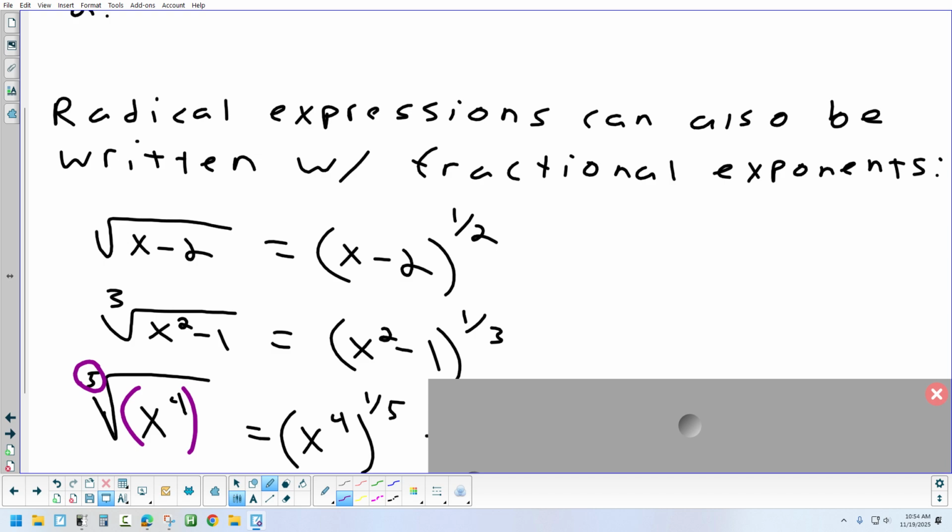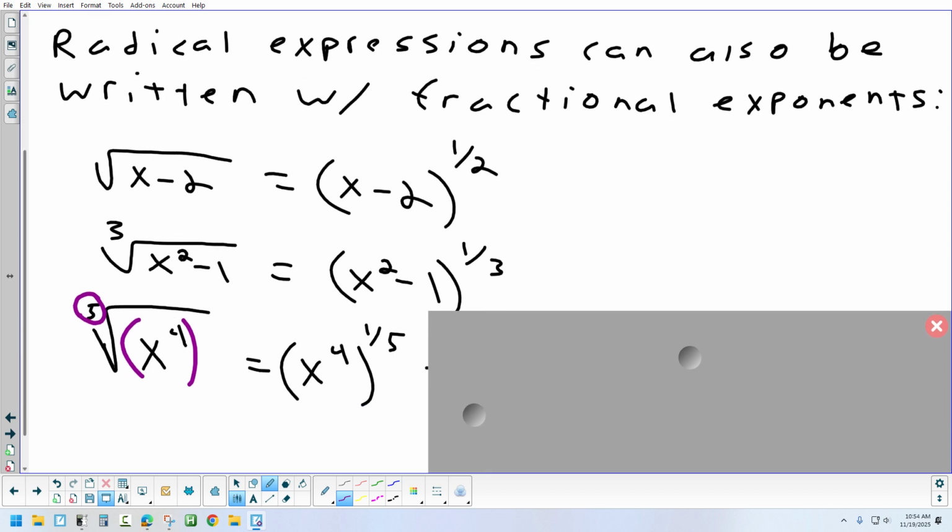Now, in that last one in particular, when you rewrite it, you end up with a power to a power: x to the 4th to the 1/5. Does anyone remember what you do with your exponents when you have a power raised to another power? You multiply them. What's 4 times 1/5? 4/5.